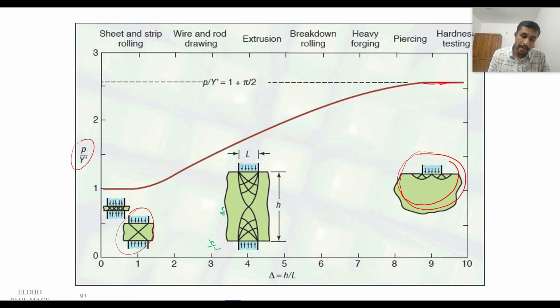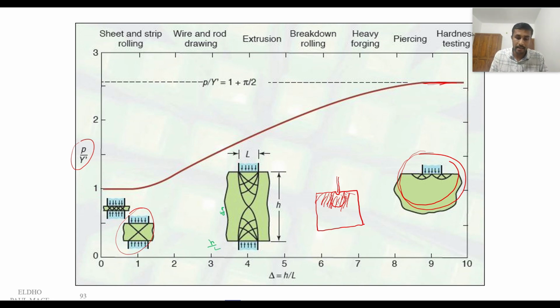The reason is that when we do hardness testing, we make an indentation on the surface. This is the surrounding region of this indentation.